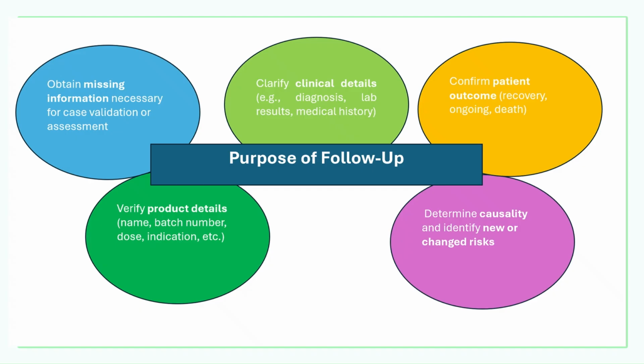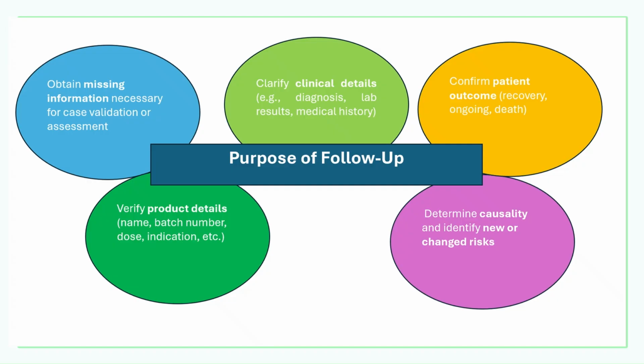Next point is determining the causality and identifying new or changed risks. When we do a follow-up, it helps us gather the information needed for the causality assessment. What is causality assessment? It is the determination where we clarify whether the drug actually caused the reaction.